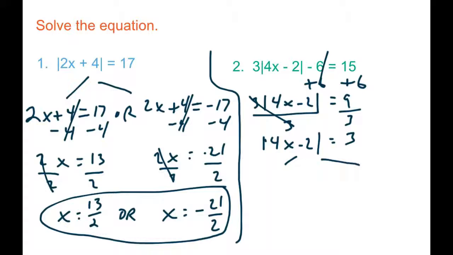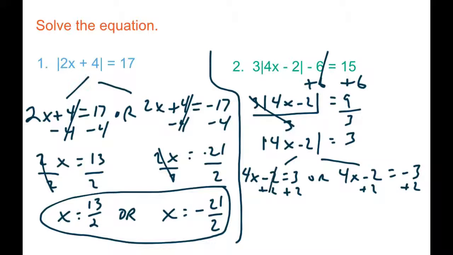Right now I can divide it up into my two parts, take away that absolute value symbol, or I'm going to make that a negative 3. Add 2 to both sides, do that on both equations. That cancels. 4x equals 5.